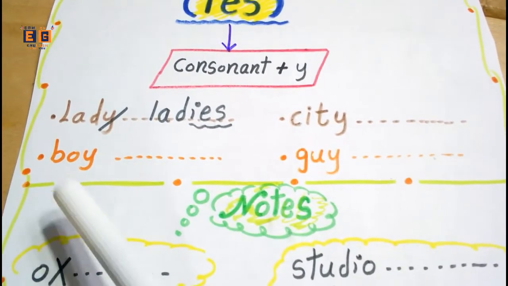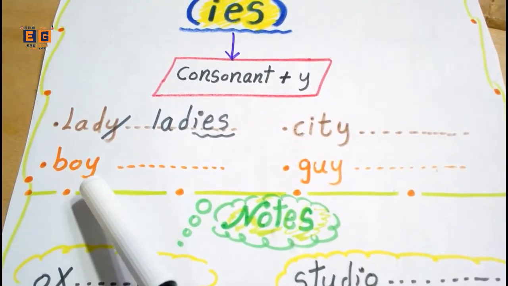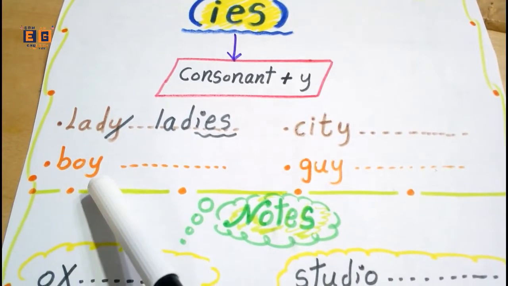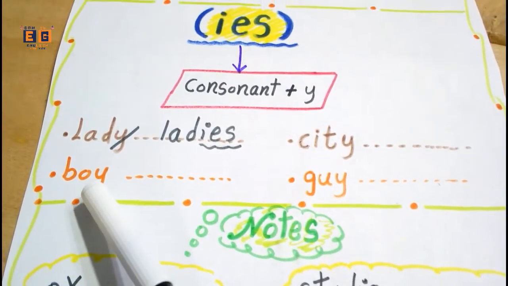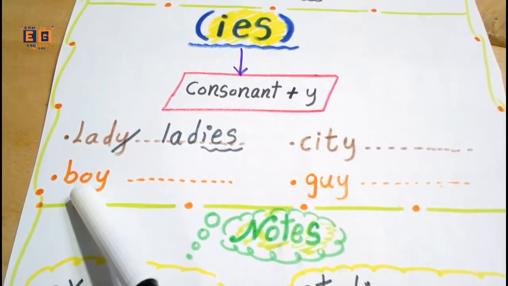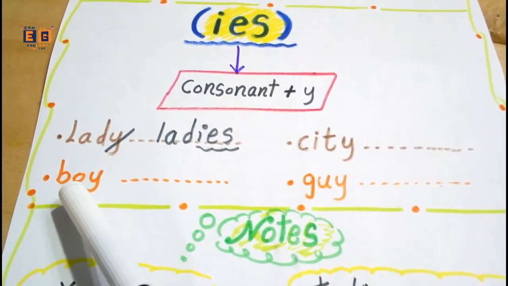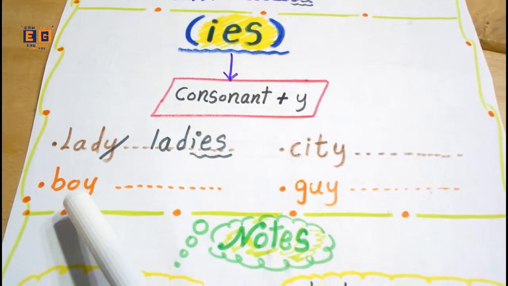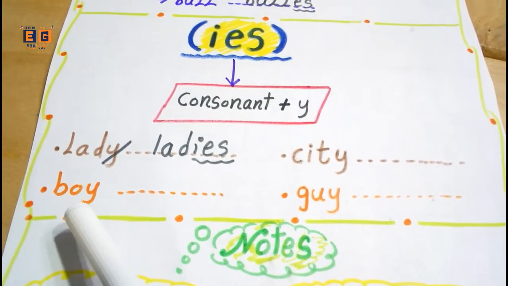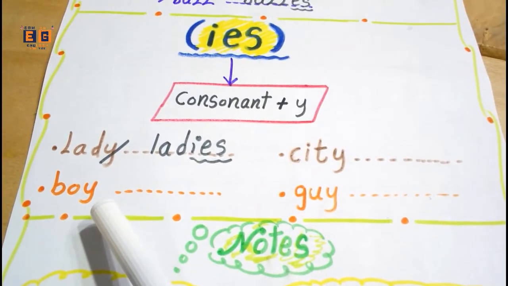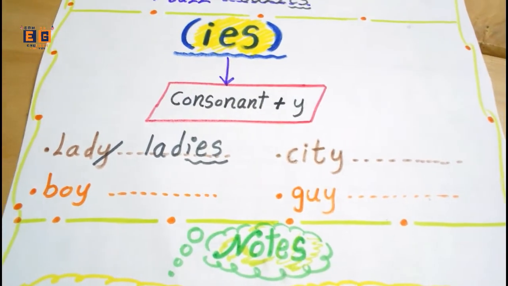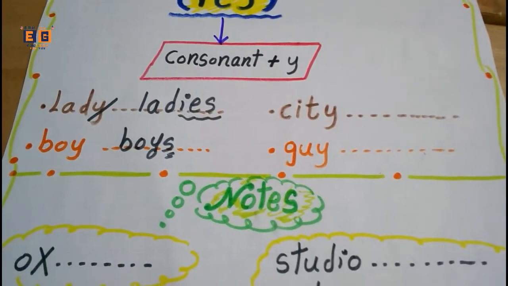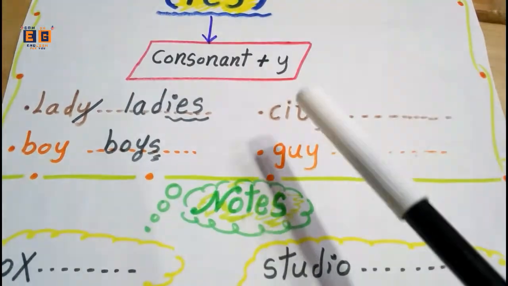Word like boy. Boy here ends with Y, but the letter which is before Y is O. Is O a vowel or consonant? Of course, O is a vowel, so we make word boy into plural just by putting S after Y. Word city.